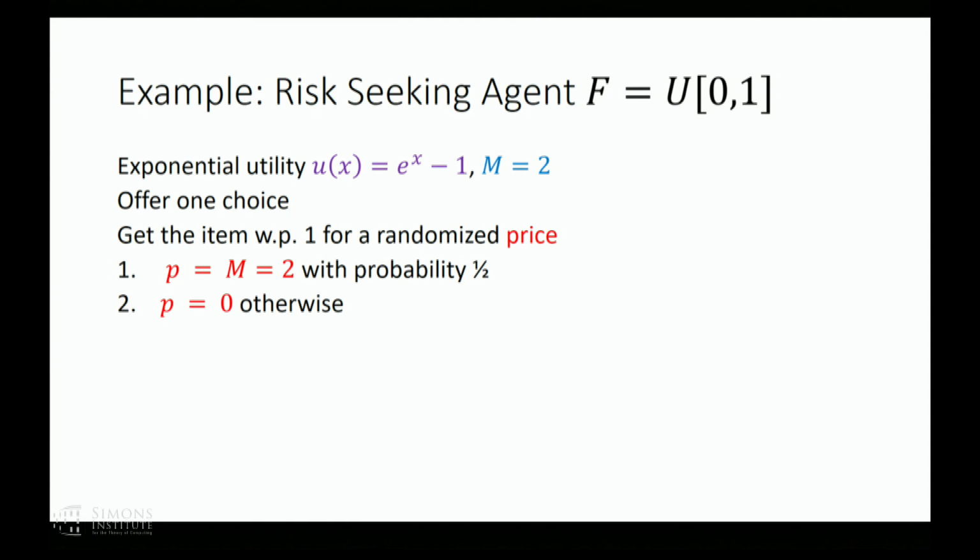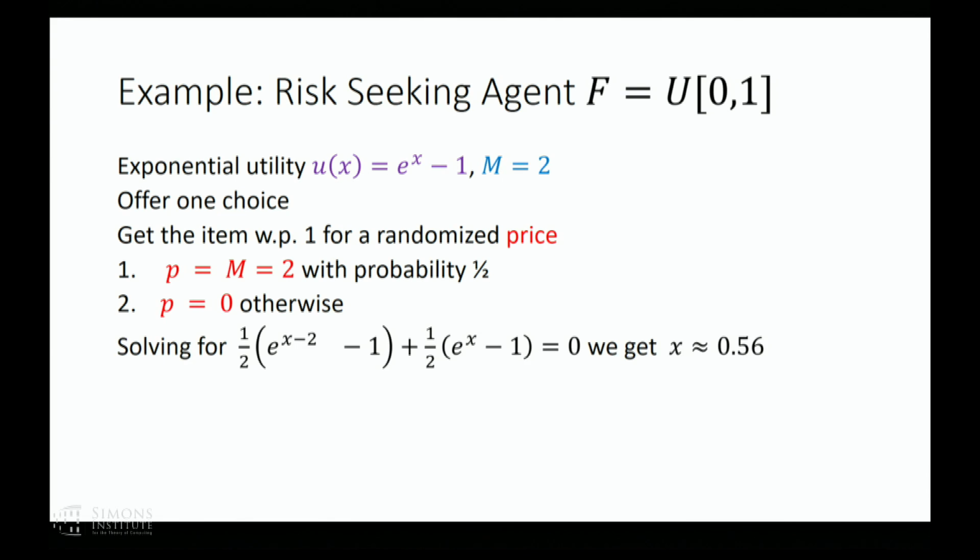So we are telling them, I'm going to give you just a take it or leave it offer, but it has to be randomized like this. So it's a gamble, essentially. And then the next question is, how many people will go for that gamble? For what types in the support of this distribution does this give them positive utility? Well, you can just compute it, and roughly around 0.56, that's what you get.